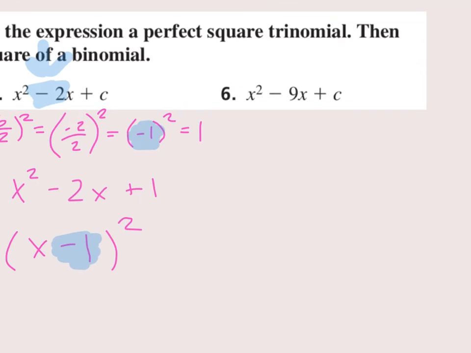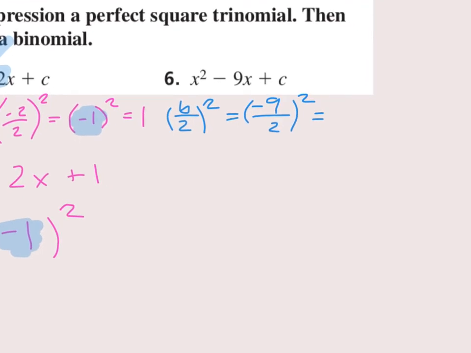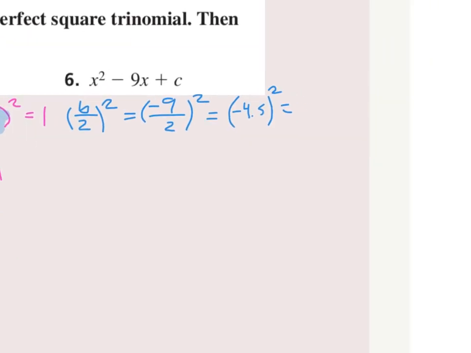All right, number 6. So our formula is b over 2 squared. What's our b? Negative 9. Negative 9 over 2 squared. What is negative 9 over 2? Negative 4.5. We could just leave it as negative 9 over 2 if we wanted to leave it as a fraction. Which it's probably easier to leave as a fraction when we square it, because this would just be 81 over 4.